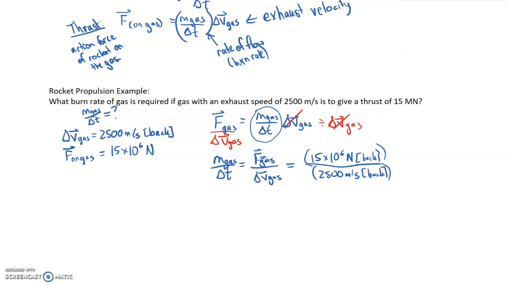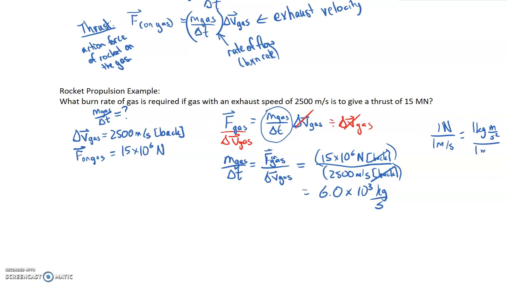Now, this does not depend on direction, so that's going to cancel out. And what we're going to be left with is 6.0 times 10 to the 3 kilograms per second. Well, how'd you get units of kilograms per second? This is a newton divided by a meter per second. And remember, 1 newton is 1 kilogram times 1 meter per second squared, if you think of Newton's second law, a mass times an acceleration.